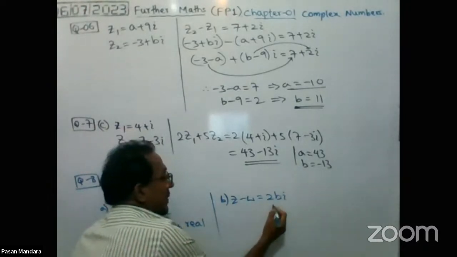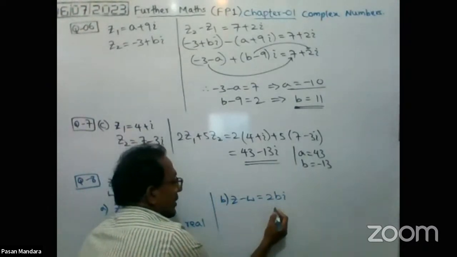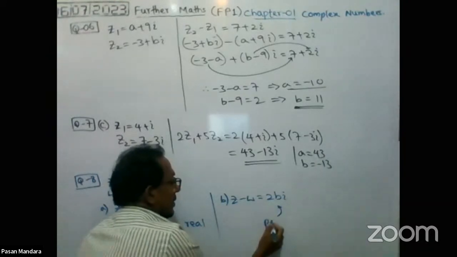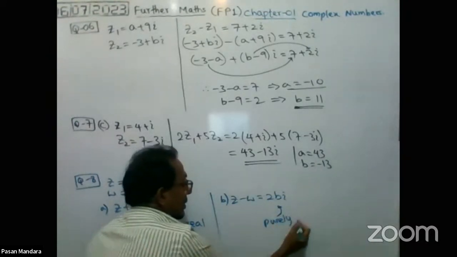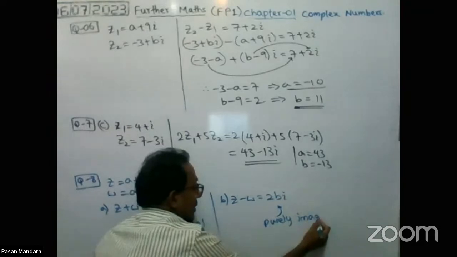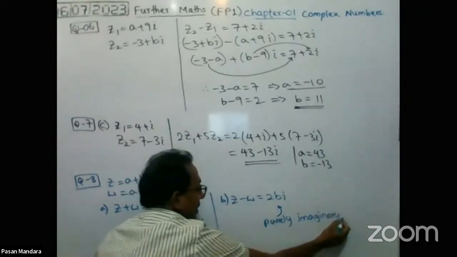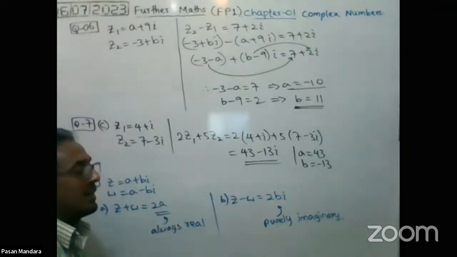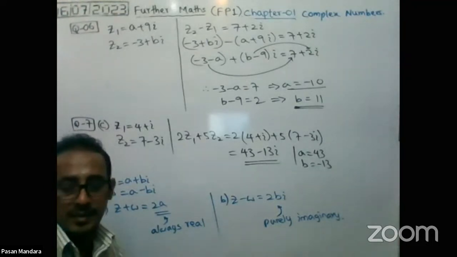So just the imaginary part. Because real part 0. Here imaginary part 0, so always real.